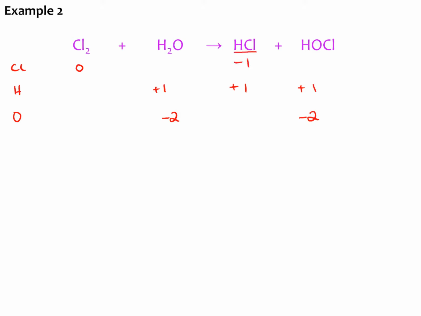In HOCl though, if the hydrogen is +1 and the oxygen is -2, that tells us that the chlorine has to be +1 for there to be a 0 charge overall. And what we can see here is that the chlorine has gone from 0 to -1 and from 0 to +1.